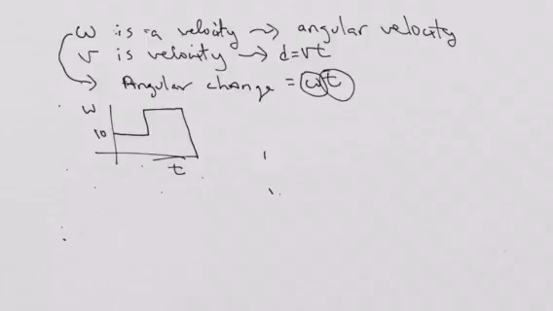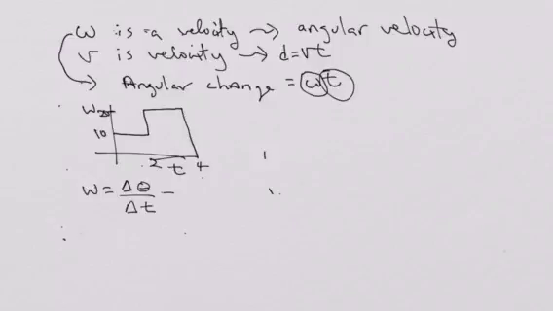My angular velocity was 10 for 2 seconds, and then it kicked up to 20 for the last 2 seconds, and cumulatively, that's 4 seconds. My angular velocity is always change in my angle over change in time.